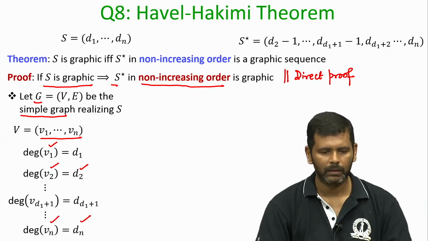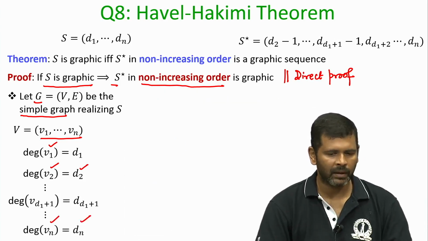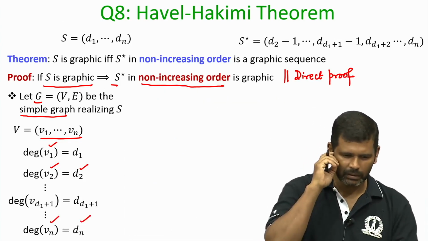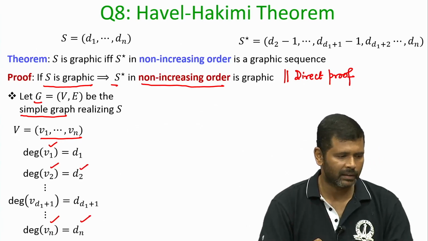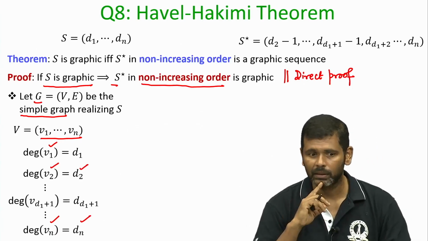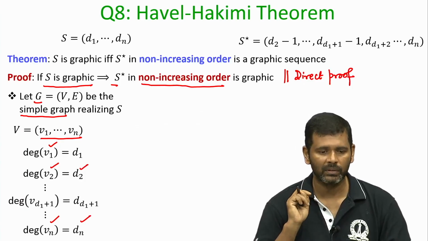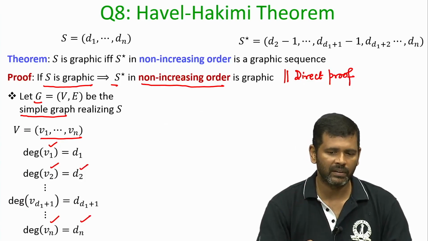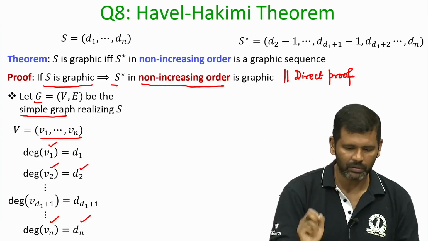Okay. Now, from this graph I have to arrive at another graph which is simple with n minus 1 nodes and which realizes the reduced sequence S star. So, how do I do that?